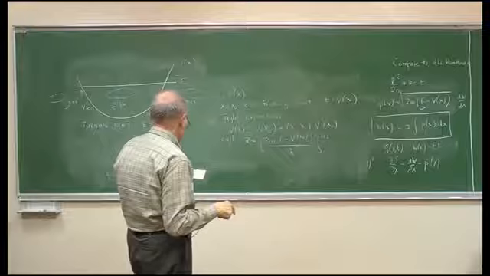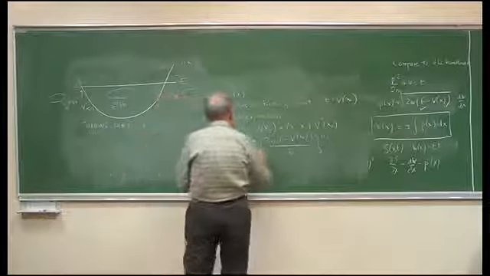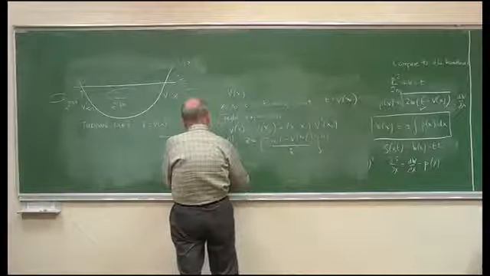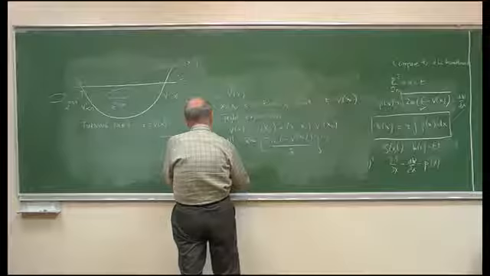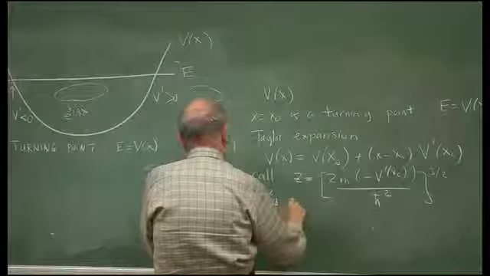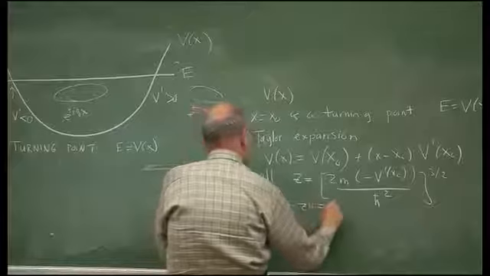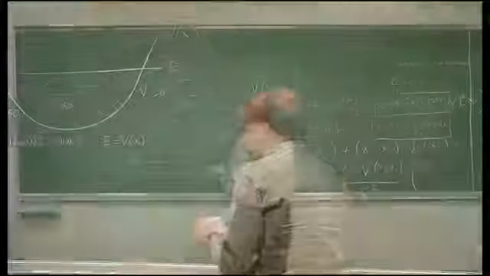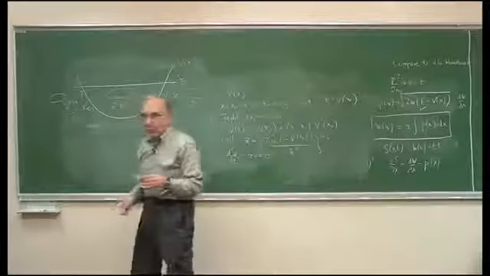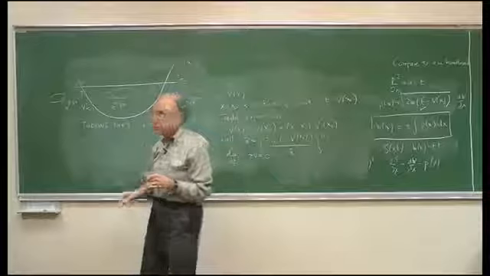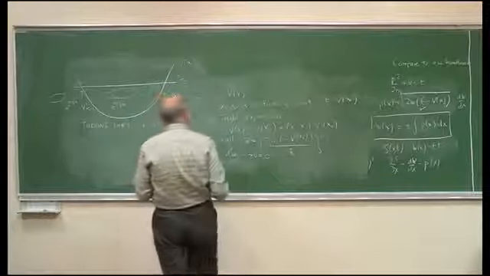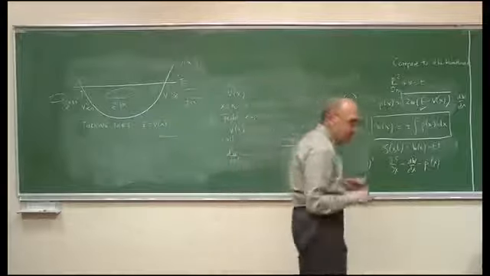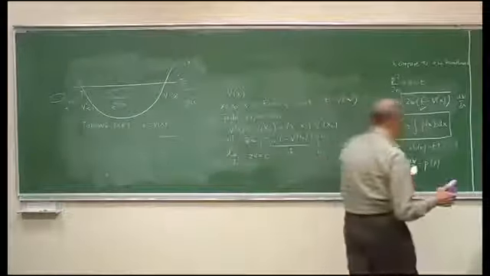And with this potential, the Schrödinger equation then becomes d squared u by dz squared minus z u is equal to 0. This is, of course, at this point. We also have to look at this at this point. At that point, again, we use the same Taylor expansion trick.